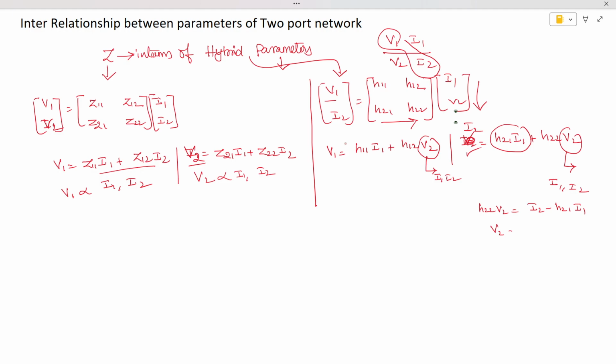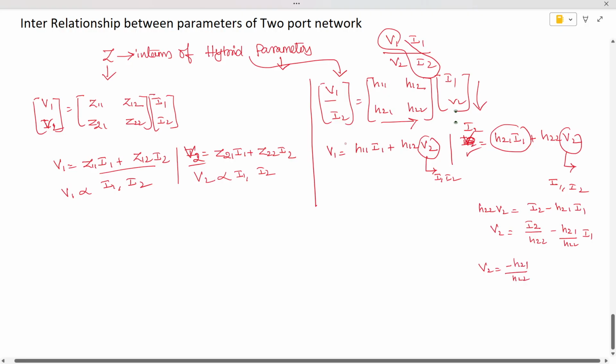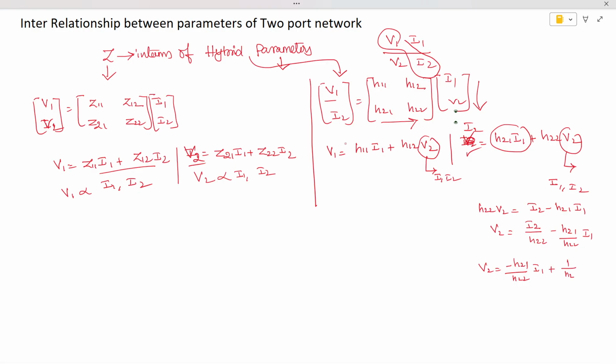Therefore, V2 is equal to I2 by H22 minus H21 divided by H22 times I1. I'm writing in the standard form: V2 is equal to minus H21 divided by H22 into I1 plus 1 by H22 into I2.